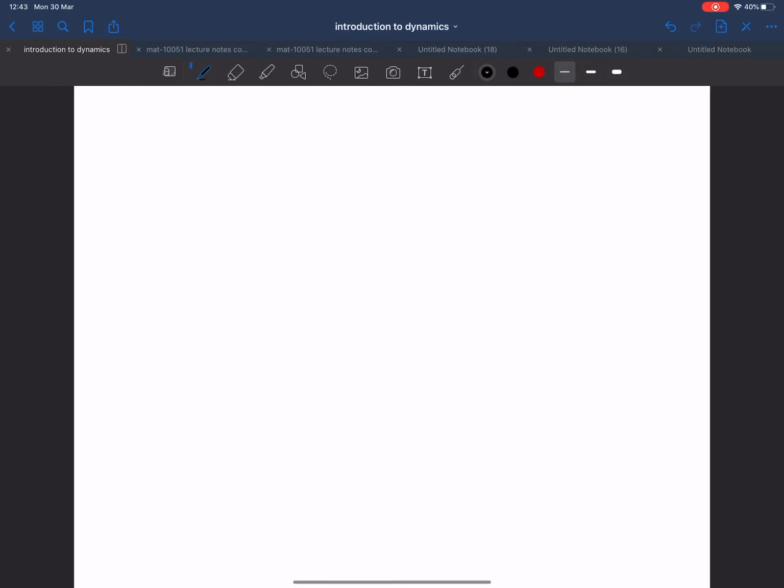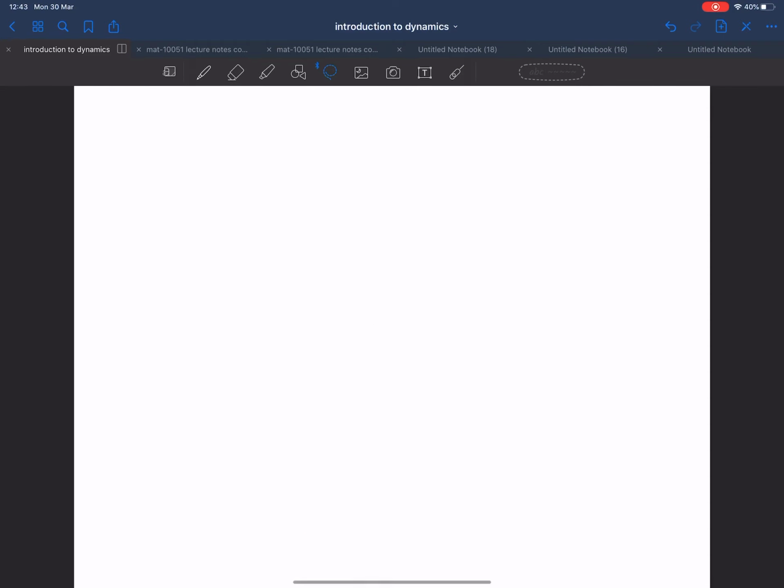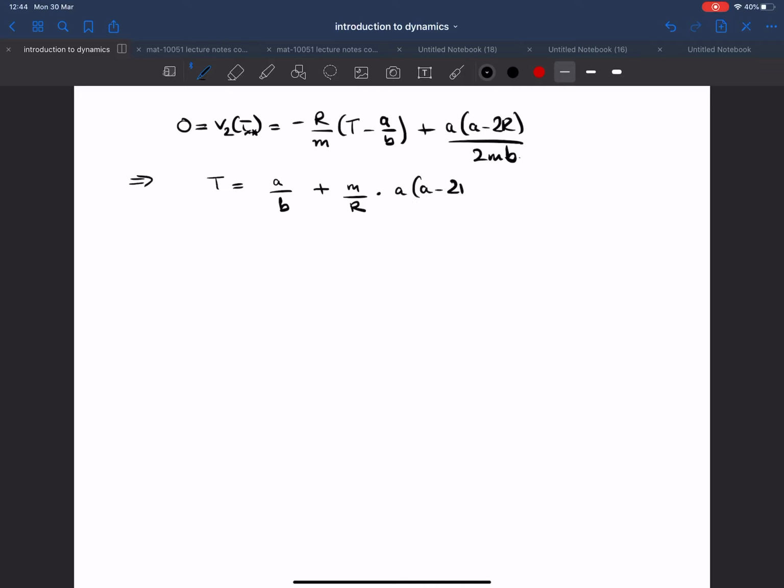I'm going to solve it and then end there. So we want to know when this is equal to 0, so when the train's at rest in the second period. If I solve this, it just implies that capital T is equal to a over b plus m over R times (a minus 2R) over 2mb.